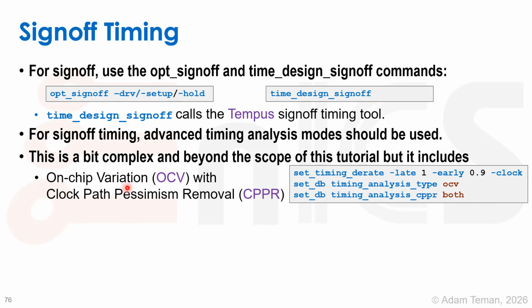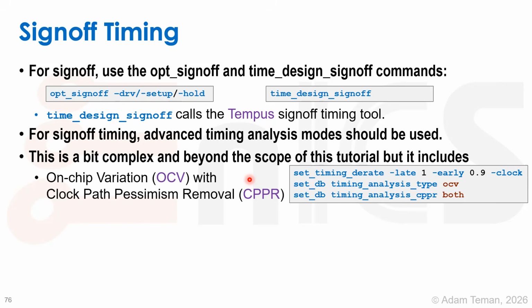So when on-chip variation was introduced, the methodology was to set a timing derate. And what the timing derate does, and methodologically you can implement it in several ways, is put a multiplier on the delays of your data path and your clock path.